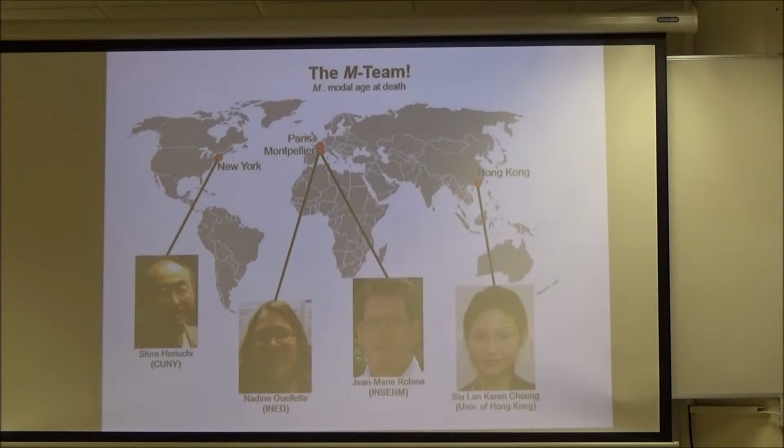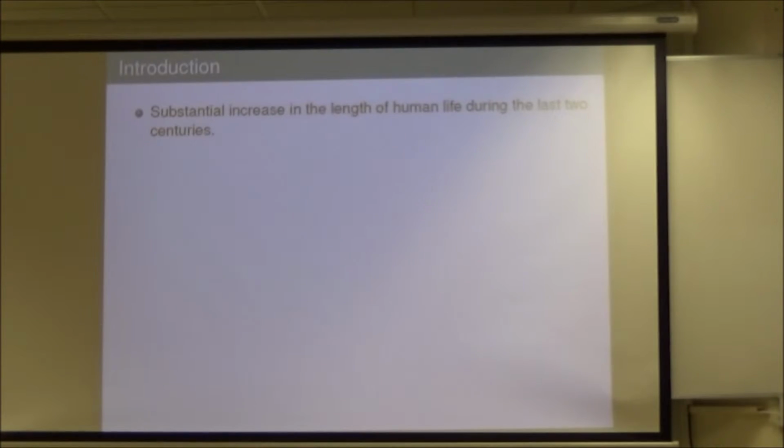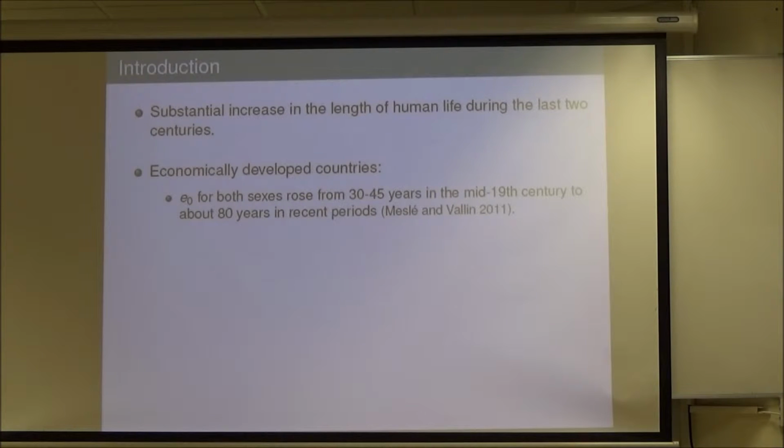let's begin. So mankind witnessed a substantial increase in the length of human life during the last 2 centuries. In countries that currently have relatively low levels of mortality, life expectancy at birth for both sexes rose from around 30 or 40-ish years in the mid-19th century to about 80 years in recent periods.